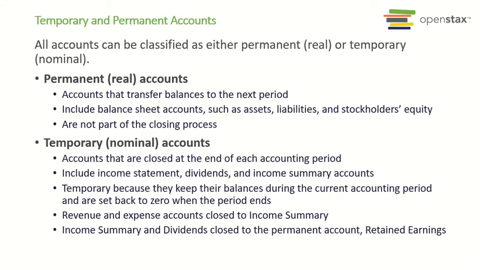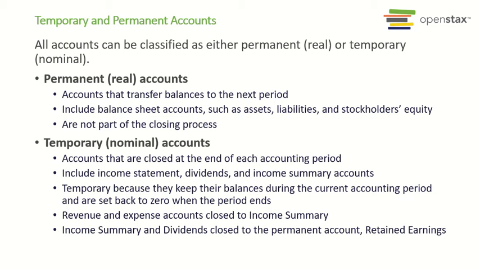Permanent and temporary accounts. As we talked about earlier, permanent accounts are accounts that transfer balances to the next period. These are not closed. These balances are not returned to zero at the end of the fiscal year. So these are balance sheet accounts: asset, liability, and stockholder equity accounts.